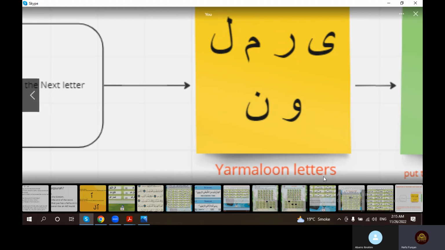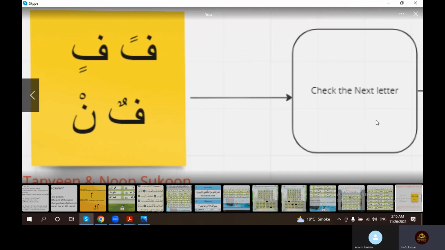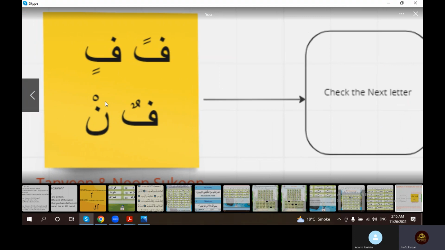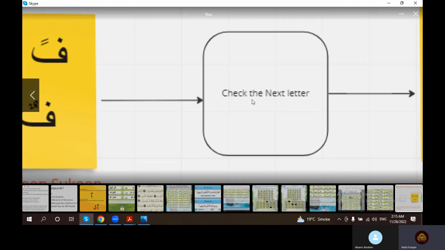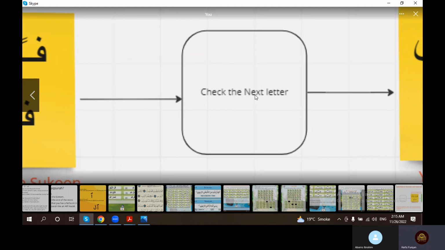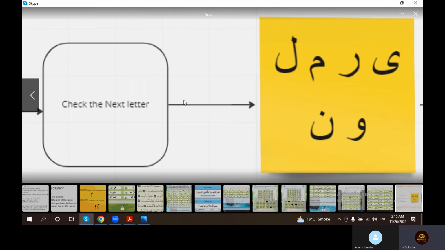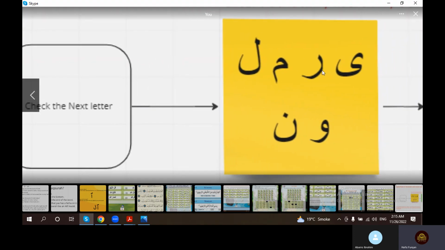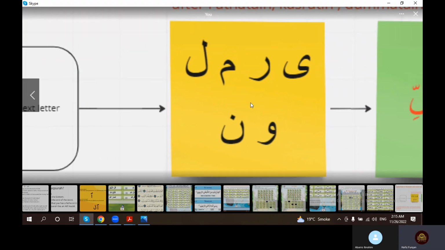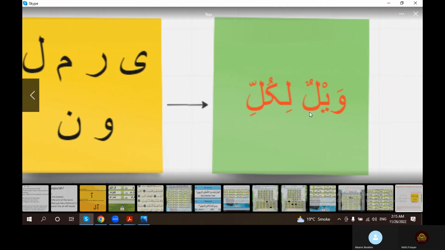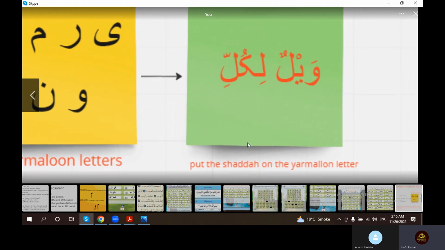Whenever you see tanween or noon sukun in Quran, you have to check the next letter. If the next letter is ya or any of these, then you have to do this.